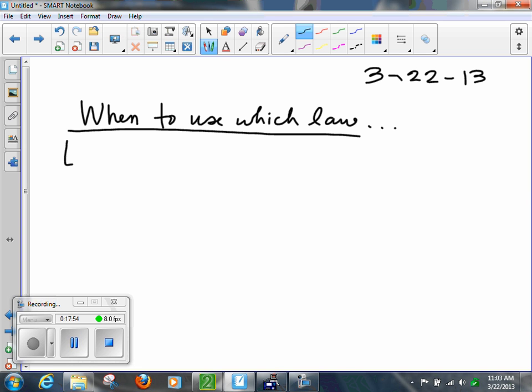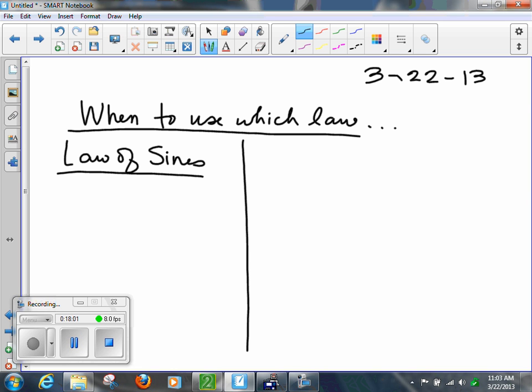So first we learned law of sines, and then we had law of cosines, right? And when do we use what? What's the one you know? Side, side, side for cosine.